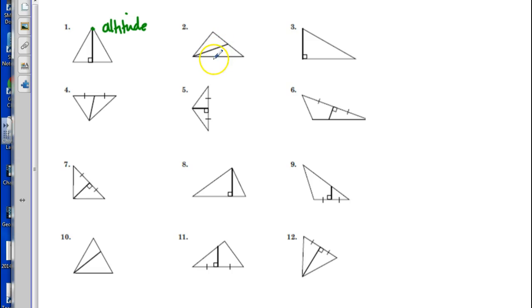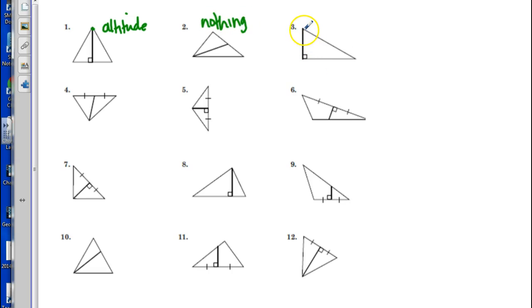All right, so let's look at number 2. It is coming from the vertex, so it might be an altitude. Now this can be a neither. It might be an altitude coming from the vertex. It's not perpendicular to this side, and it doesn't show that these are congruent or equal in measure, so this is nothing, unfortunately.